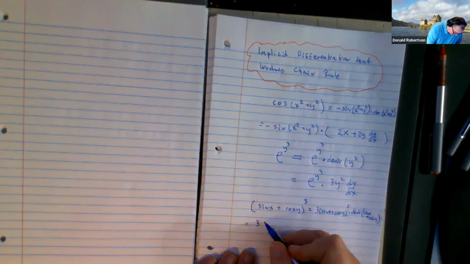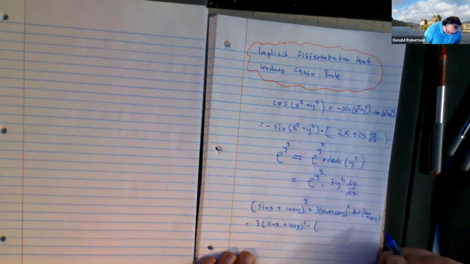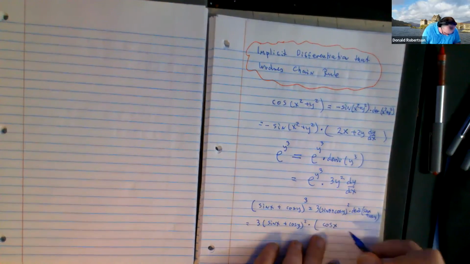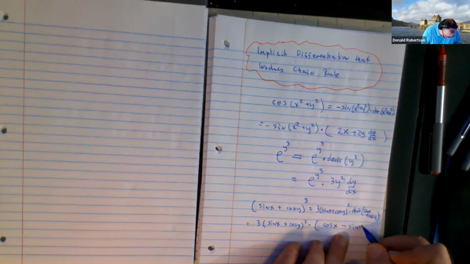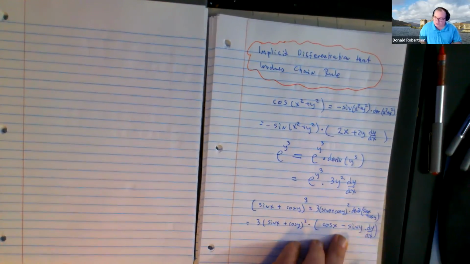So I get 3 (sine x plus cosine y) squared times, if you differentiate the sine function, you get cosine x. If you differentiate a cosine function, you get negative sine y times, guess what? A dy by dx.